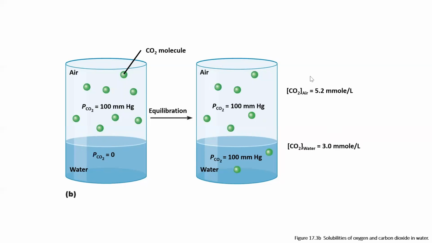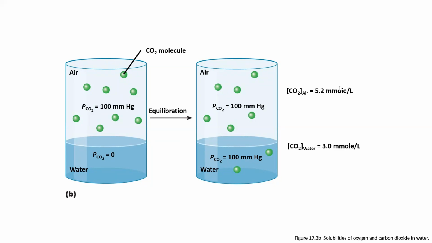All right, and then we can compare that to carbon dioxide here on this slide. So once again, we have our water exposed in this beaker to carbon dioxide to start, and we allow time for dissolving to happen and for these two partial pressures to come to equilibrium. And when they do, which you can see here, the partial pressure in the vaporized state is 100 millimeters of mercury. The partial pressure in the liquid state is also 100 millimeters of mercury.